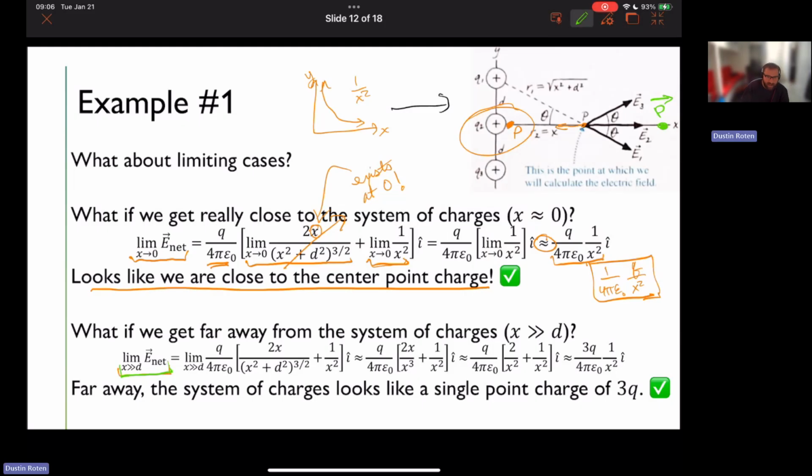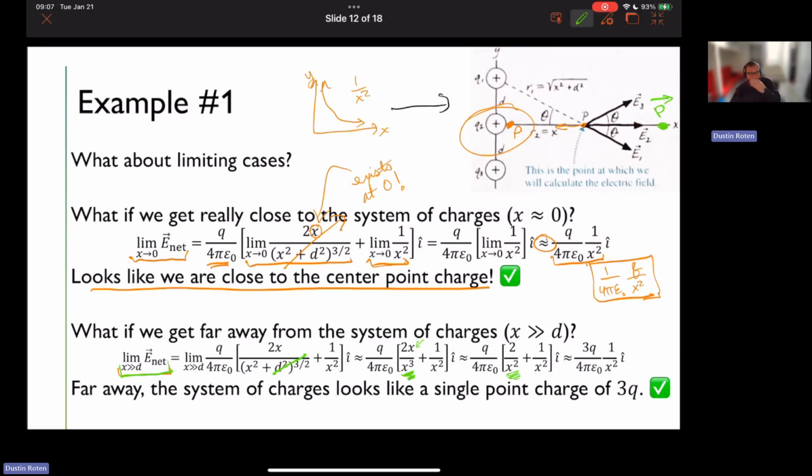Essentially, if x is so much bigger than d, we can ignore this bottom term. So the x squared and the 3/2 powers simplify since we got rid of that d squared. So it's just going to be an x cubed, but we have a 2x in the numerator. Those x's can cancel. So here's what that first term simplifies to if x is gigantic.